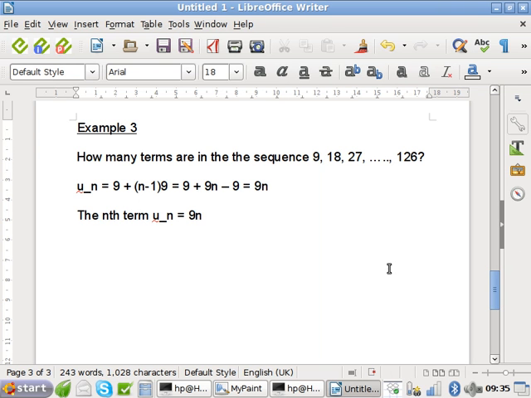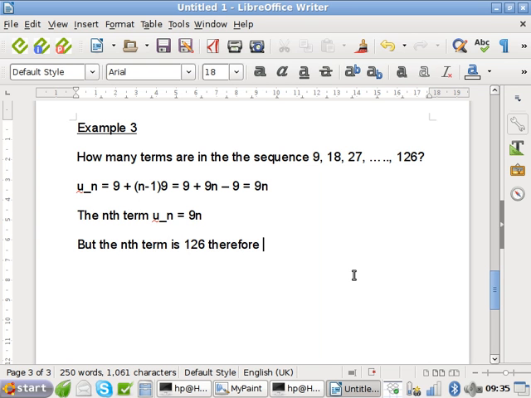So for example, the first term should be 9. Second term should be 18. Third term should be 27. We don't know what number this is. So this is like the nth term. The nth term is 126.